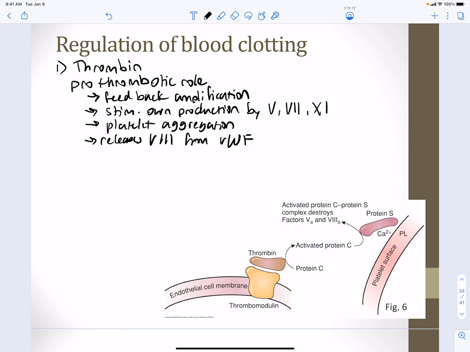And thrombin has an anti-thrombotic role. It binds to thrombomodulin, which stops the function of thrombin.